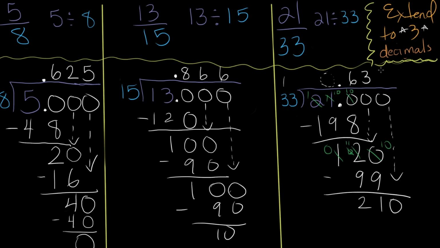So we know that's going to be another 6. 6 times 33 is 198. Subtract, that's going to give us 120. And we're going to stop right there because we said we're just going to extend it to 3 decimals. This is actually going to repeat, but we're not going to worry about that right now. We're going to say 21 divided by 33 is 0.636.